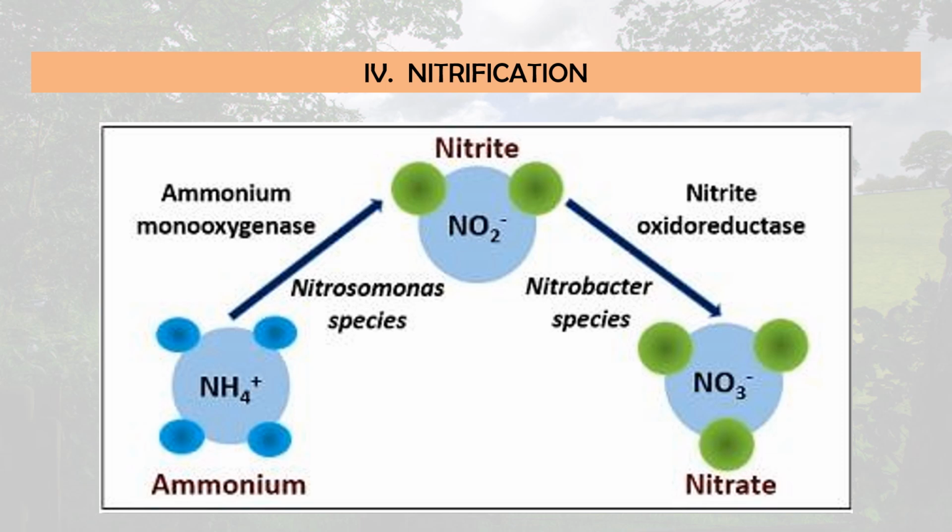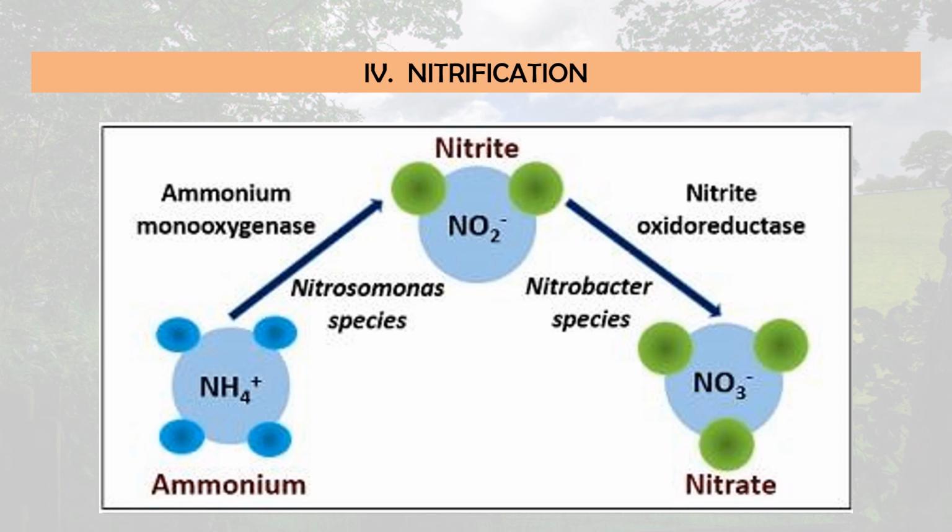In the first step, the oxidation of ammonia to nitrite is called nitrosification, where NH3 is converted into NO2 minus ions plus water and H plus ions when NH3, that means ammonia, is mixed with oxygen. This process is accomplished by bacteria of genera Nitrosomonas, Nitrosococcus, Nitrosospira, and Nitrocystis.